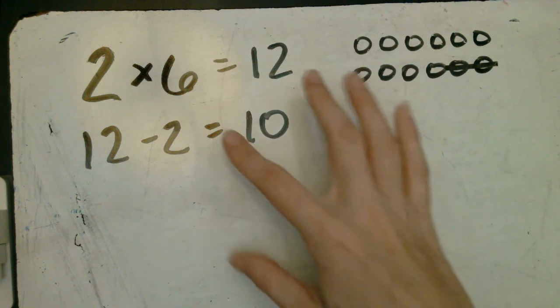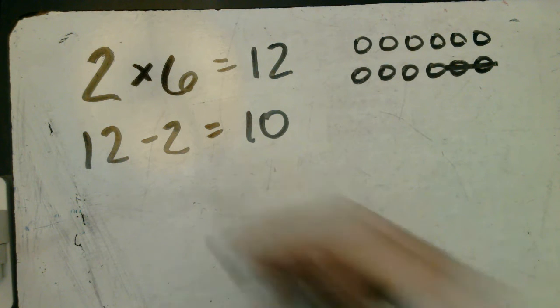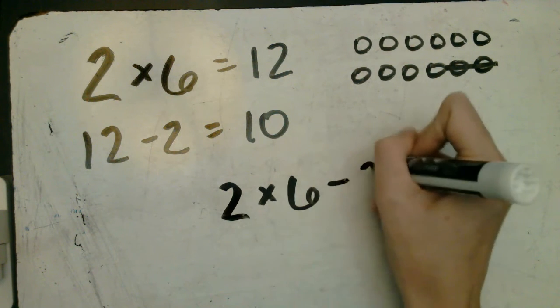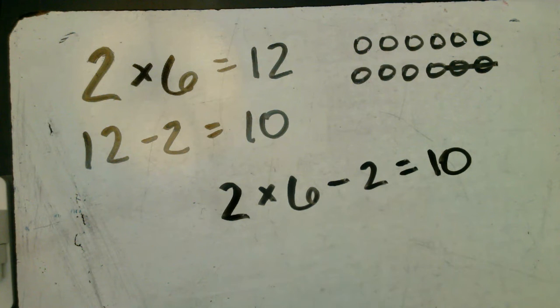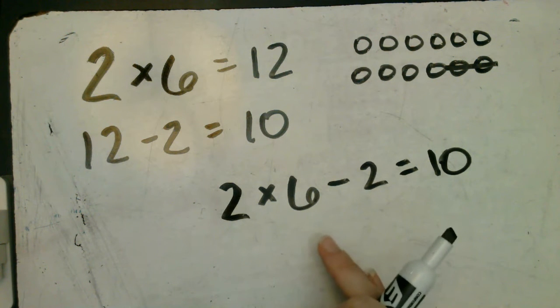Now, if we wanted to combine these 2 problems, we could maybe write it as 2 times 6 minus 2 equals 10.